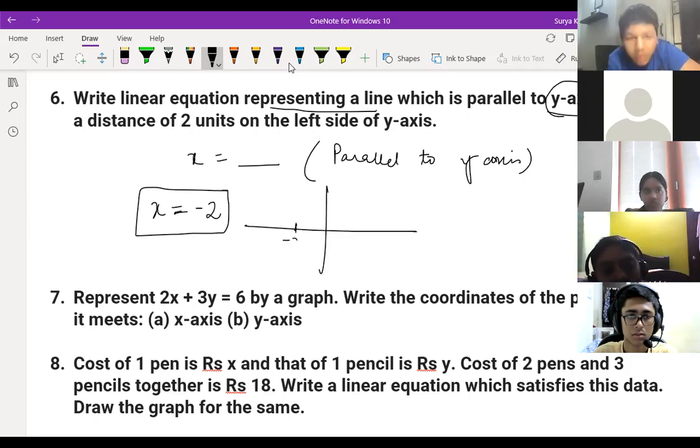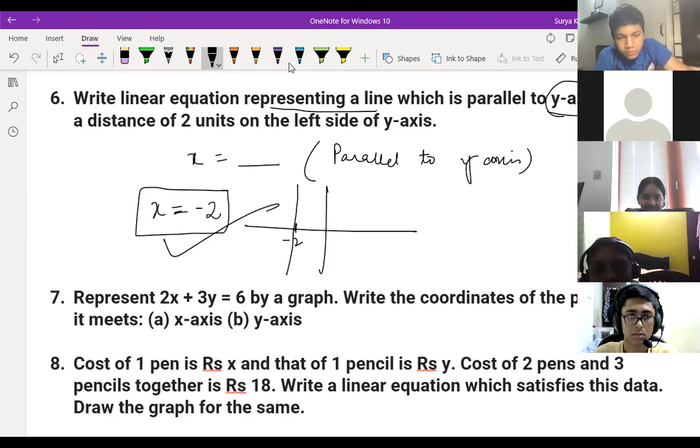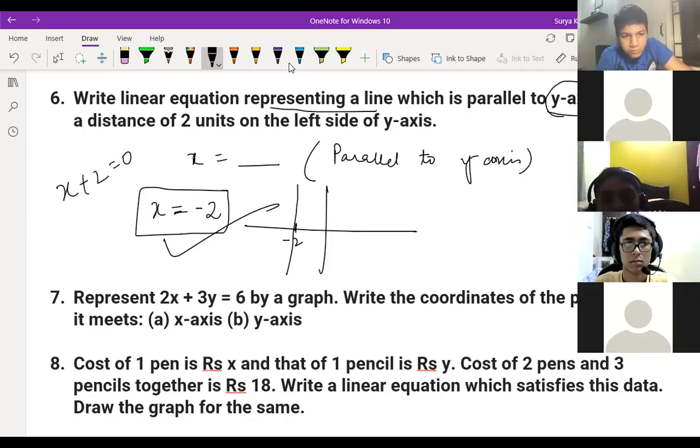It means this is -2, correct? And this is parallel here like this. So this is the correct answer. You can write x is equal to -2, or you can write x plus 2 is equal to 0. Okay, your wish.